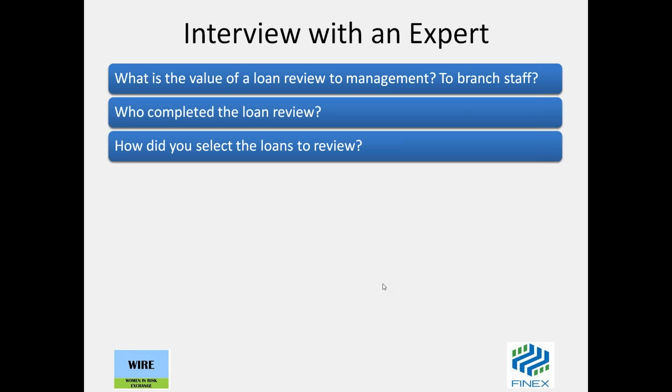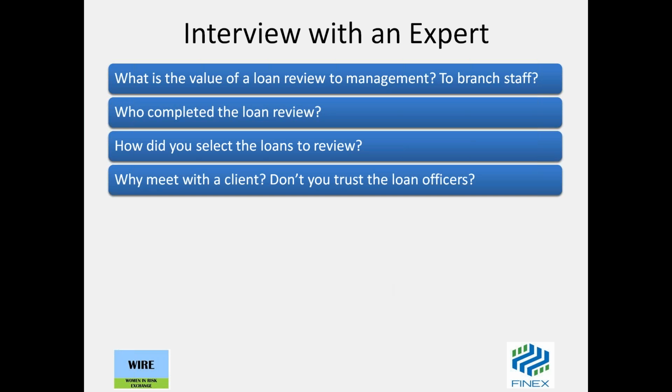I would see a portfolio at risk higher in a branch, or with a specific loan officer, or with specific loan products. If the portfolio is sufficiently large, that was my red flag and I decided I needed to do the loan review. So my first point of information was the risk reports. And then after the loan review became more routine, I actually used the matrix to select the sample.